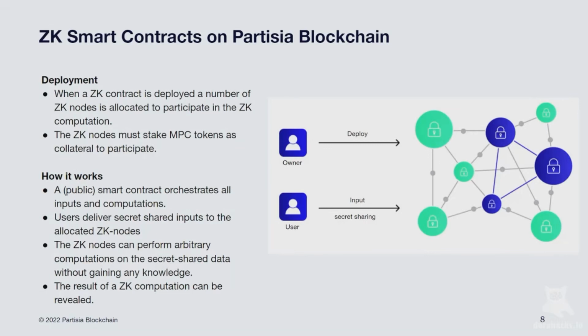The actual users that participate in whatever you're computing can deliver their secrets as shares directly to the nodes that were allocated. The nodes can perform arbitrary computations on the secret share data, and during that computation they will gain no knowledge about the inputs and no knowledge about any of the intermediate outputs.